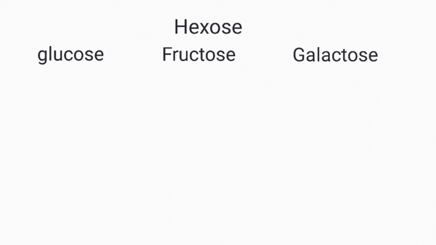So the next group is hexoses. The most known examples are glucose, fructose and galactose.